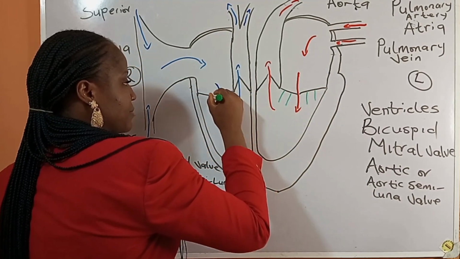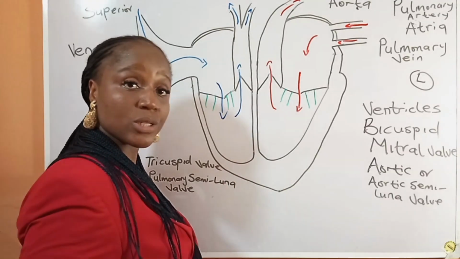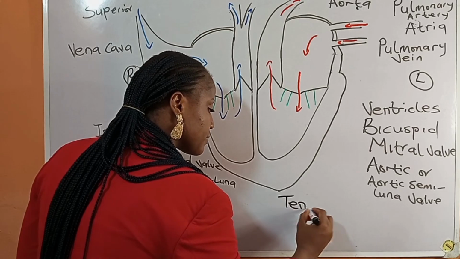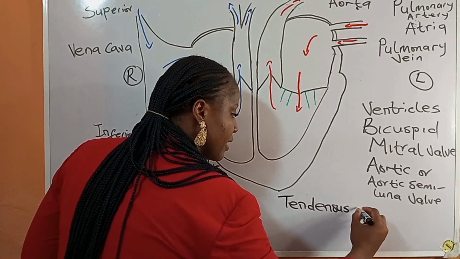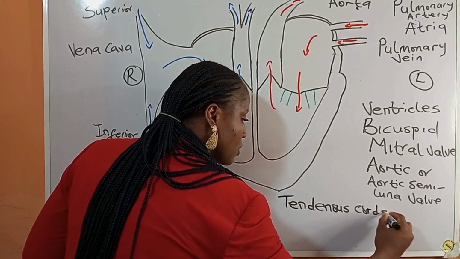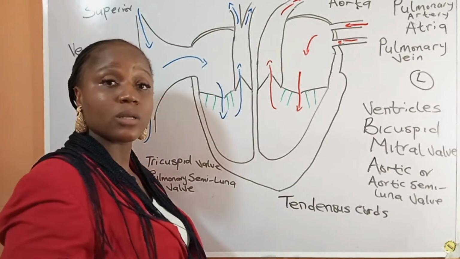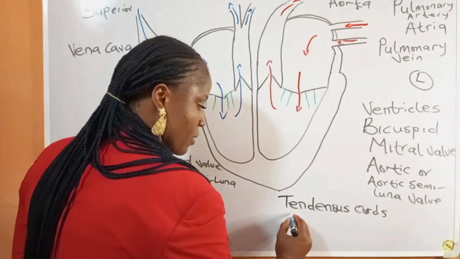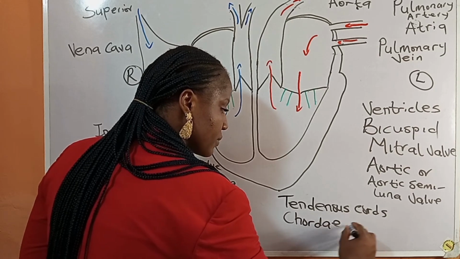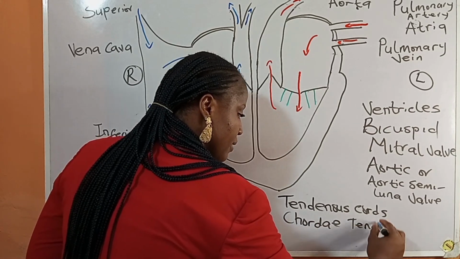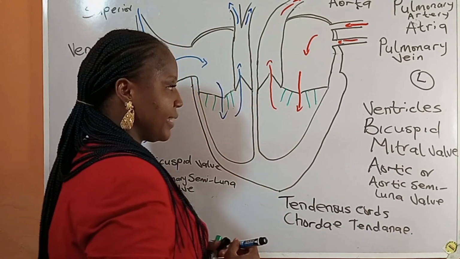This group of tendons are known as the tendinous cords, or most times you will see the Latin name as what? The chordae tendineae.